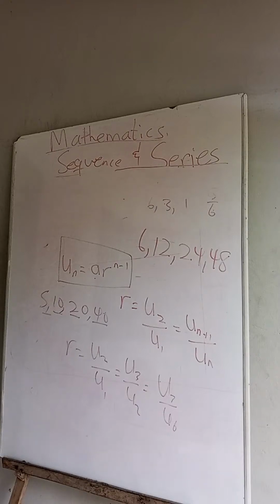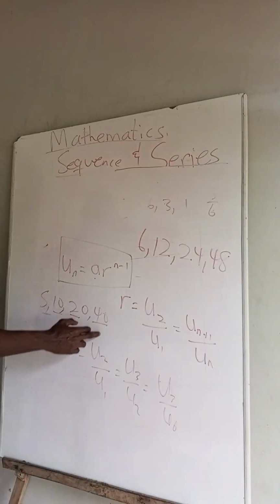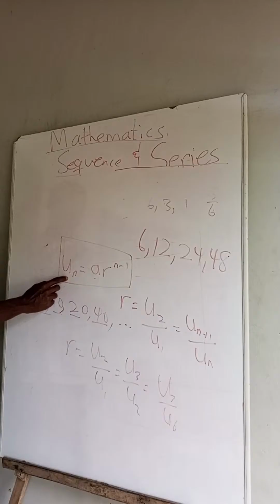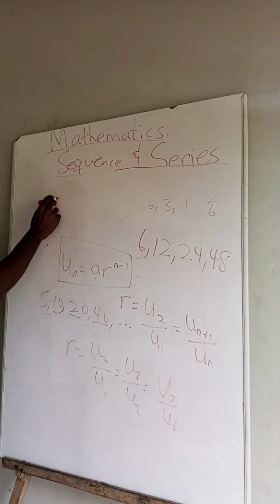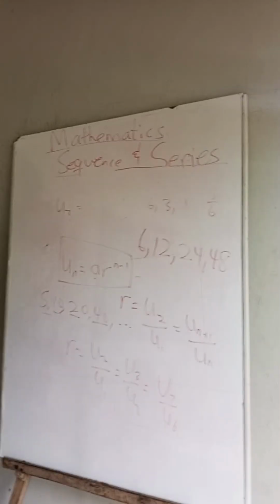These were the numbers given to me: 1, 2, 3, 4, and you're asked to find the 7th one. Just use this formula. Un, so this is U7, you are looking for U7. Just substitute them, use your calculator.